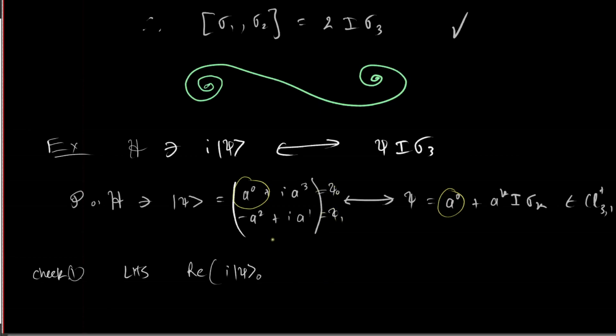And you could call it up and down if you wanted to, but I'll just call them 0 and 1. And we're checking to see if that is equal to the scalar part of psi I sigma 3. The scalar part you can do angle brackets with the 0, but that 0 is the conventional default. So if you just mean scalar part, usually you drop the 0.